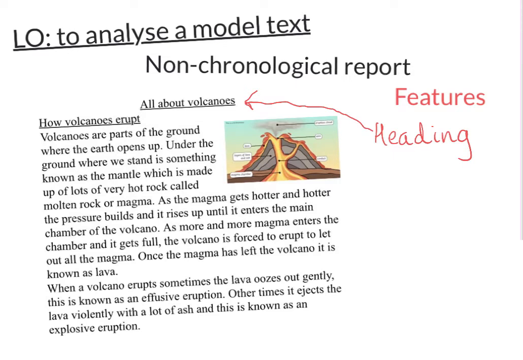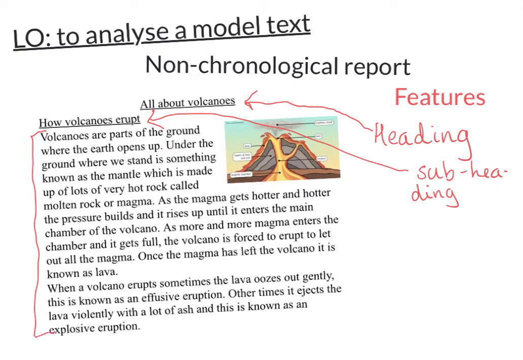The next thing we have here underneath is known as a subheading. And these tell the reader what this section of text is going to be about. So all of this here is about how volcanoes erupt. And it tells the reader that.